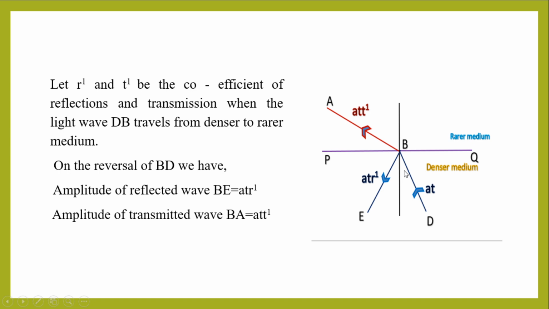The reflected light BE has amplitude ATR dash, and amplitude of the transmitted light can be written as ATT dash, because AT is the incident light amplitude. So from this diagram, amplitude of reflected wave BE is ATR dash and amplitude of transmitted wave BA is equal to ATT dash.